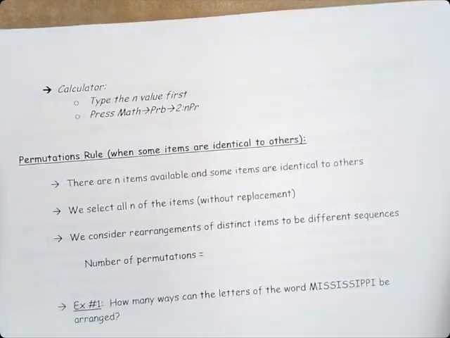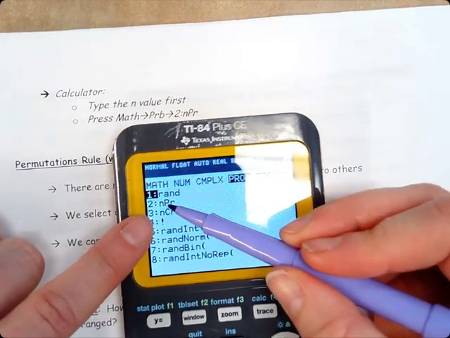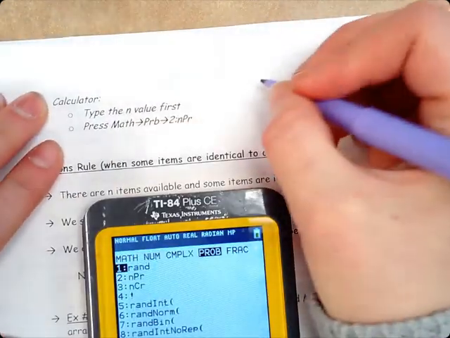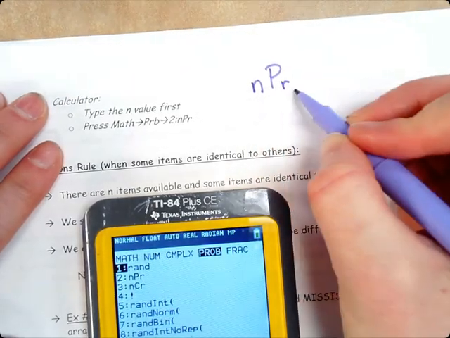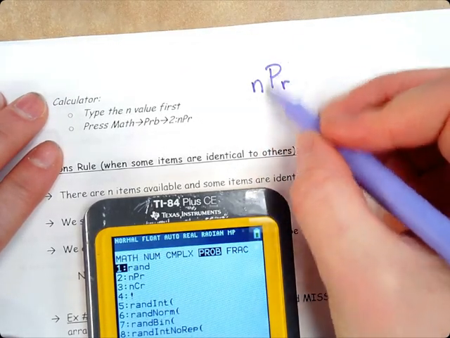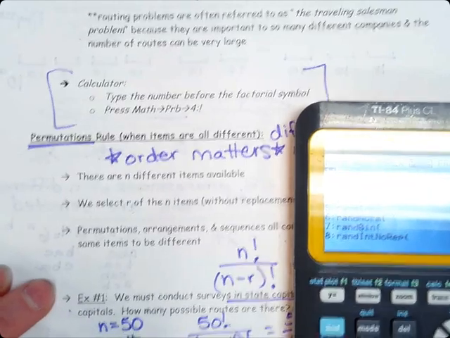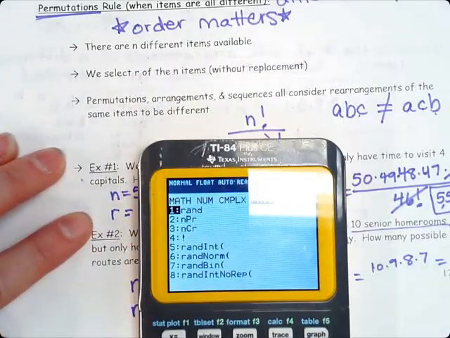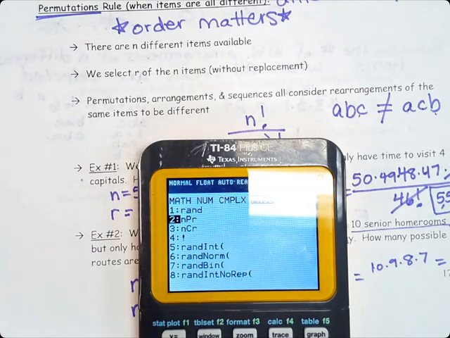We can do this in the calculator too. So if we go back to math and we go over to probability, we have nPr. So it's like this. n is your total. r is how many you're choosing. P stands for permutation. Order matters. So if we wanted to do this one over here, we could put this one in. So let's go ahead and try it. So go ahead and select the number 2, nPr for permutation.